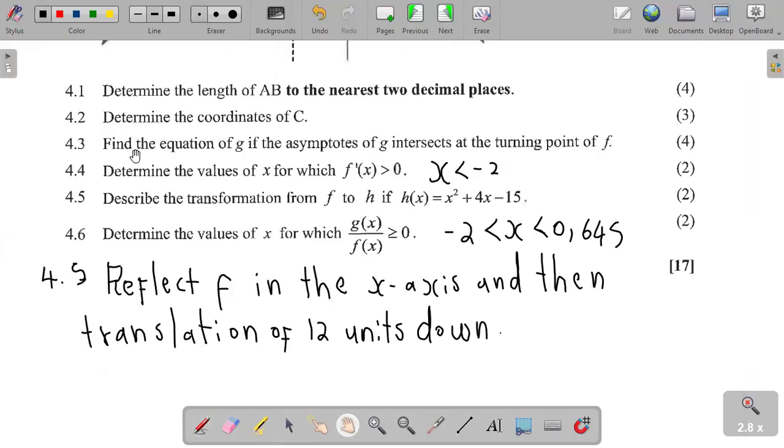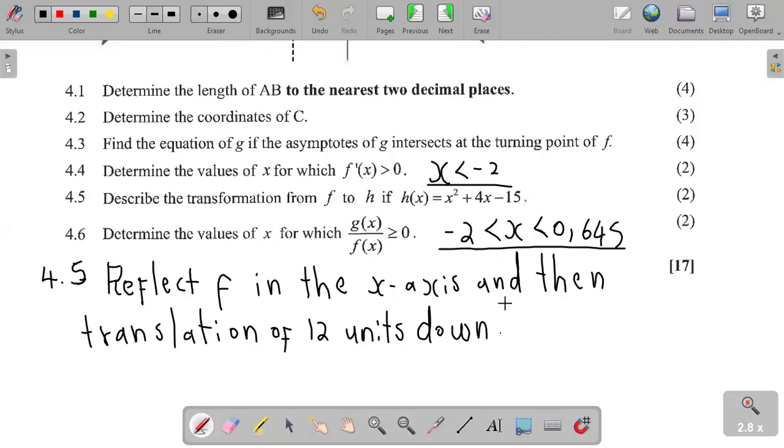So this is the answer for 4.6. Yes. So it ends here.